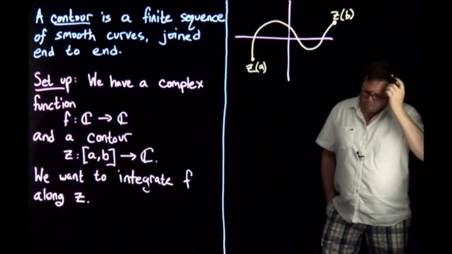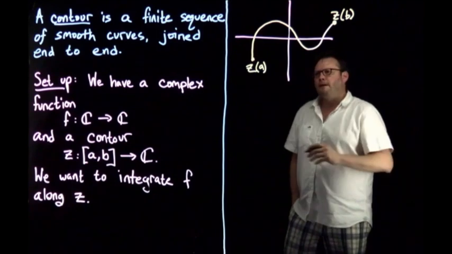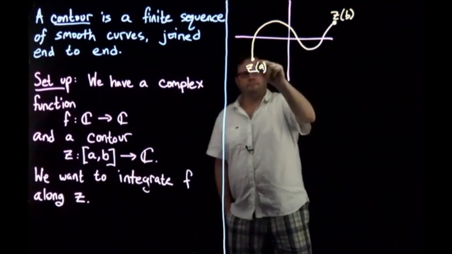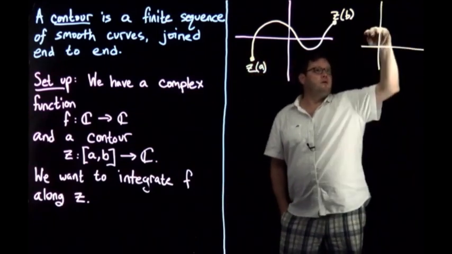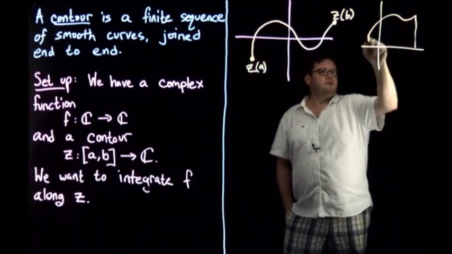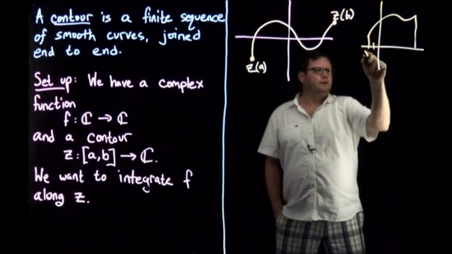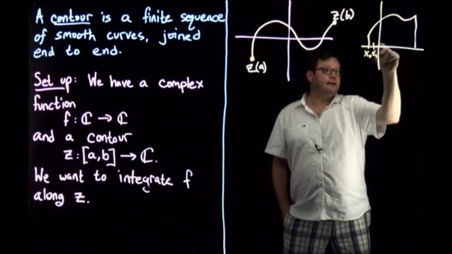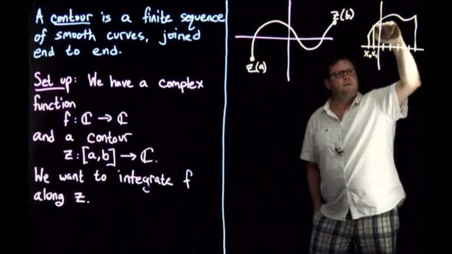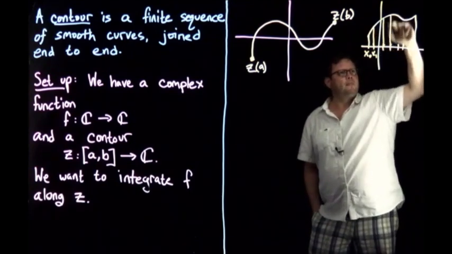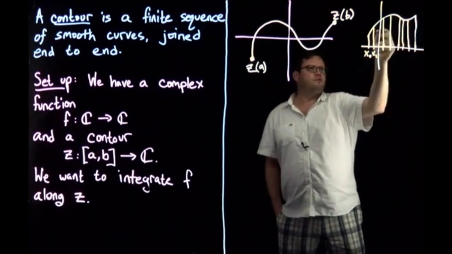Now, we're not going to get too in-depth about the Riemann sum version of this problem, but let's just think about it a little bit. In ordinary calculus, remember, we're integrating a function. The integral is the area. We chop it up, so this would be like a, x0, x1, etc. We chop it up into these little pieces, and then we sum the areas of these rectangles that we form.